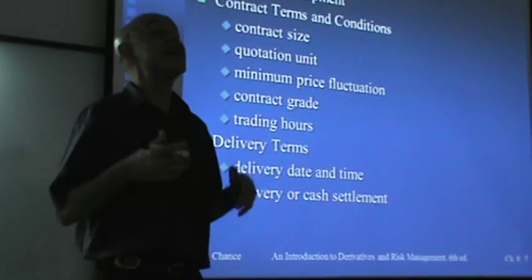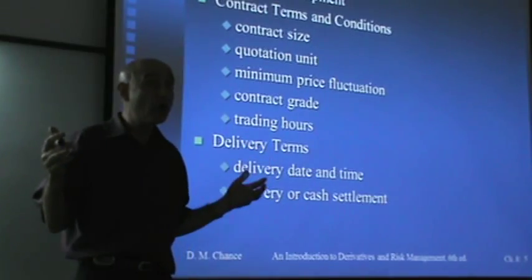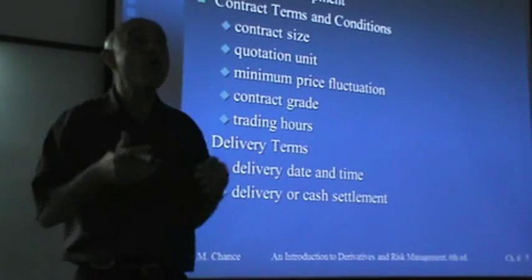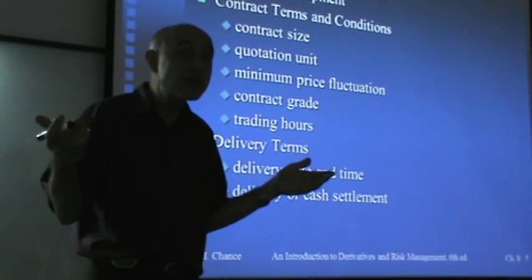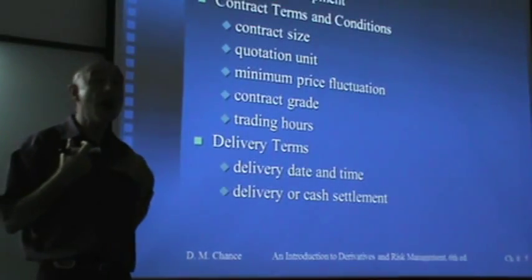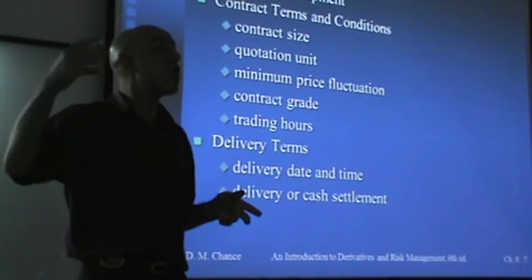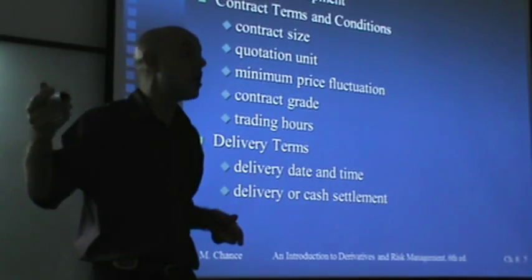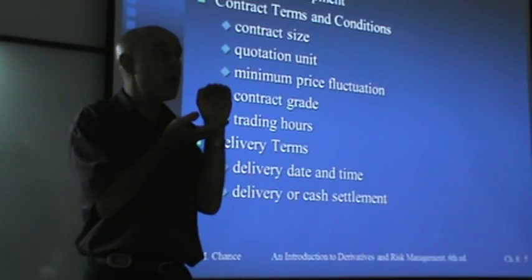Now, when they have a gold contract, like 100 ounces of gold, for some traders, 100 ounces of gold, let's say $1,000 an ounce, is $100,000, which is too much. A lot of smaller investors can't afford a $100,000 gold futures contract, so they'll develop a mini contract.